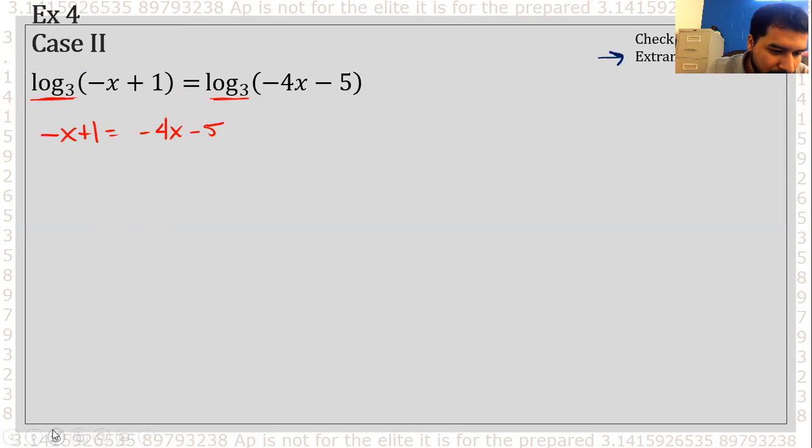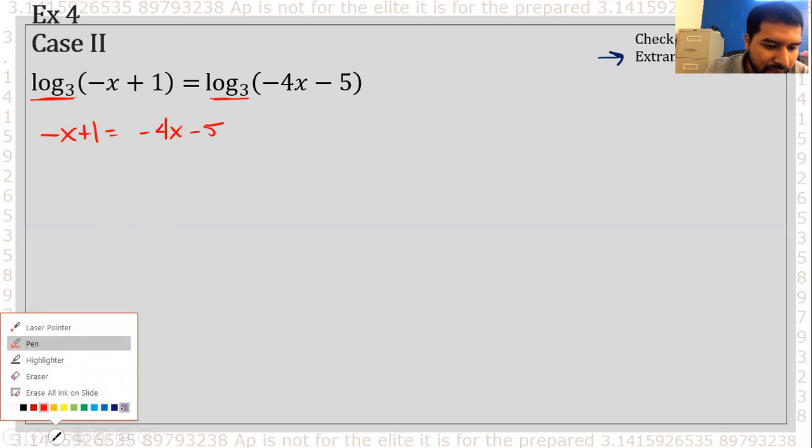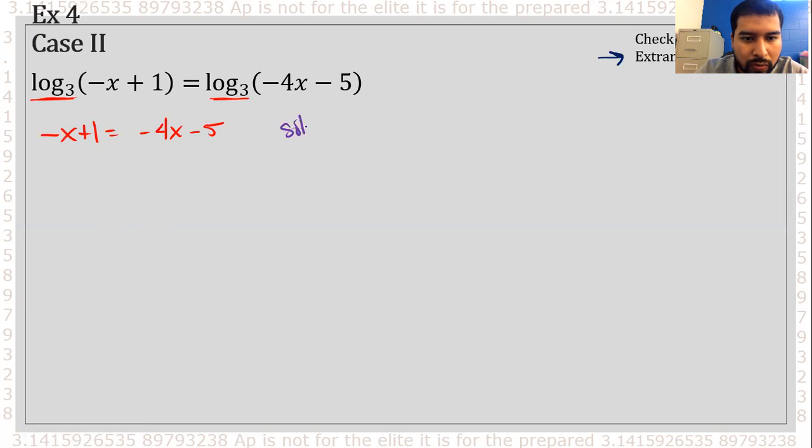And all I want to do is solve for x. I have this negative 4x, so I'm going to add 4x on the left and on the right. I have negative x on the left plus a positive 4x, so I'm left with 3x plus 1 equals negative 5.